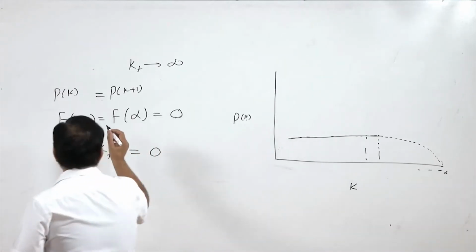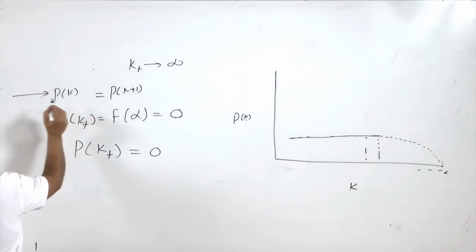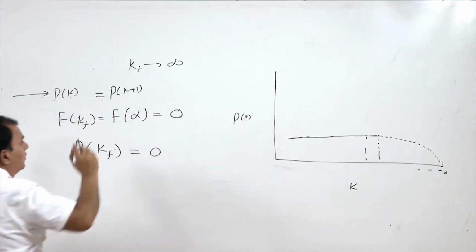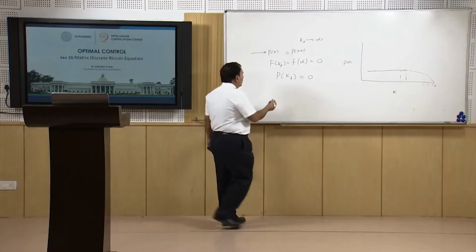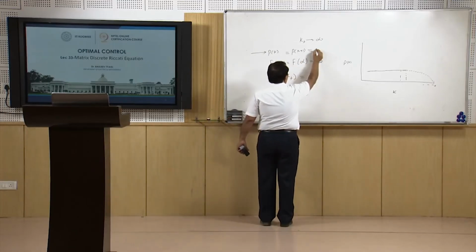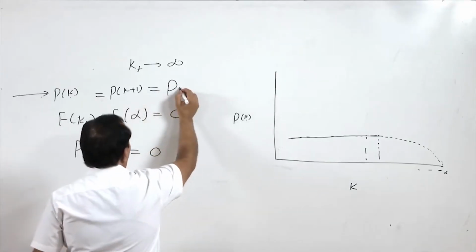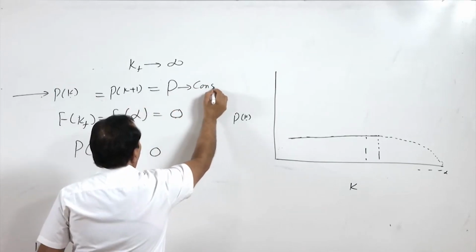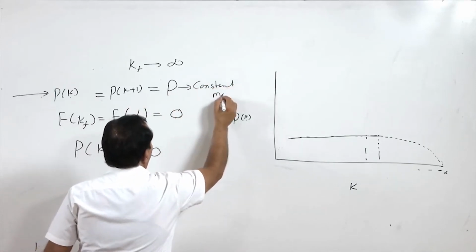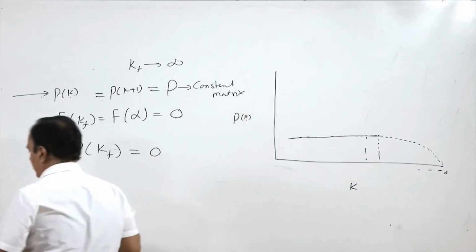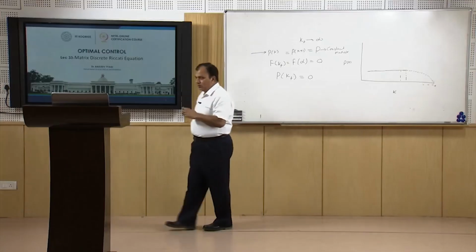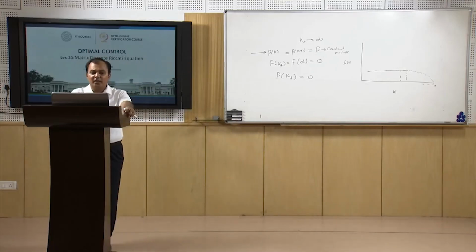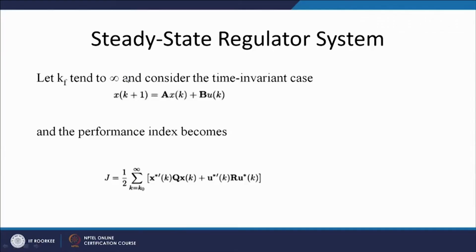So, we can say that my P_k is equal to my P_{k+1}, or this is equivalent to some matrix P which is a constant matrix. If we consider K_f approaching infinity and consider a time invariant case, this means matrices A and B both are constant matrices.